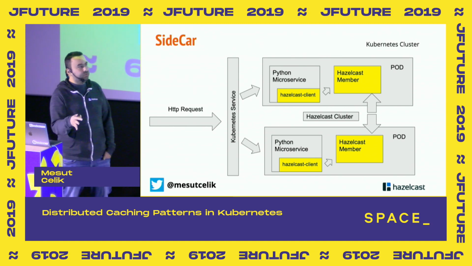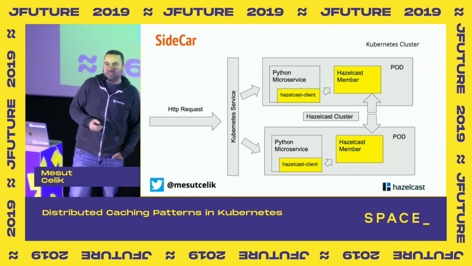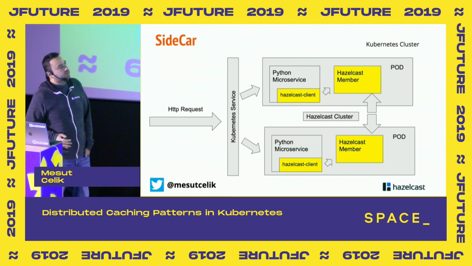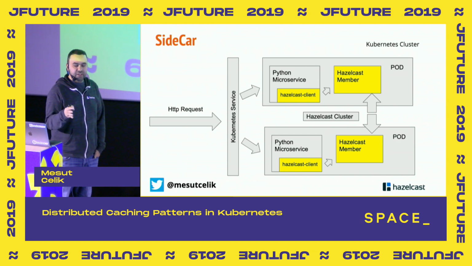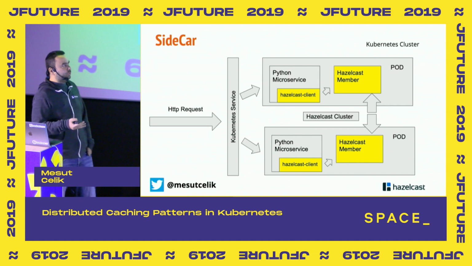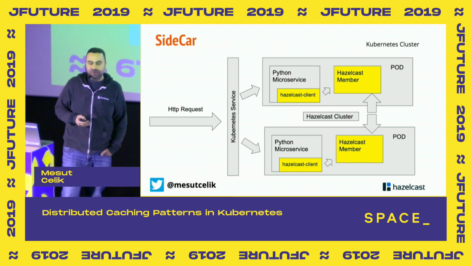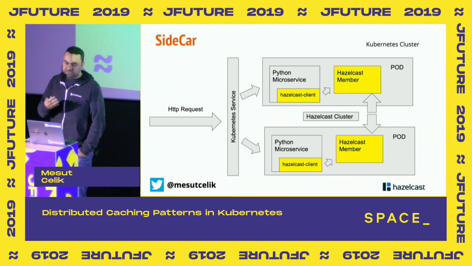That's something you can't do in embedded mode, but in sidecar mode, let's say you can give 4 GB memory to the Hazelcast member, but less to the microservices. Or you can define your CPU requirements in the same way.